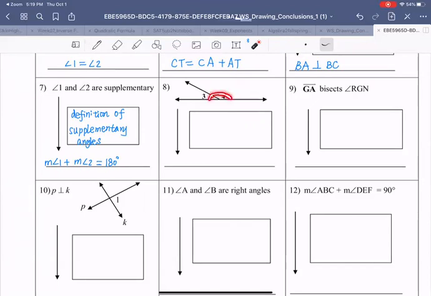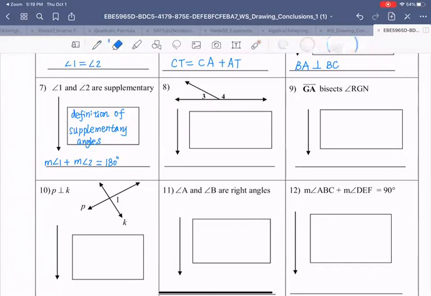This is linear, like they form a 180-degree supplementary angle. So 2 angles in a pair is called a linear pair when they form a 180-degree flat angle.